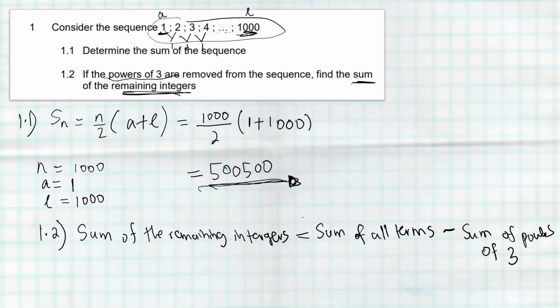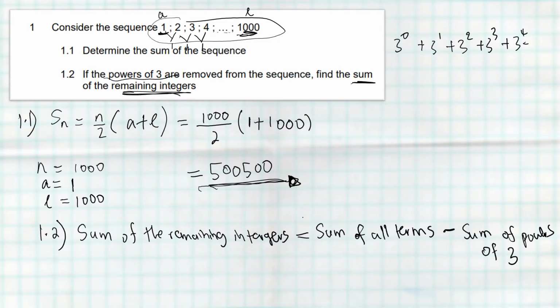Then the sum of the powers of 3. You must know the powers of 3, right? Powers of 3 have the base of 3 to the exponent n, where n is an element of the whole numbers. So the powers of 3 are going to be 3 exponent 0, 3 exponent 1, 3 exponent 2, 3 exponent 3, 3 exponent 4, going forth like that.